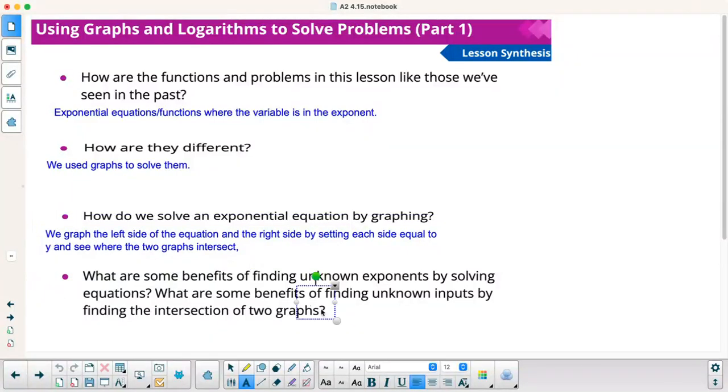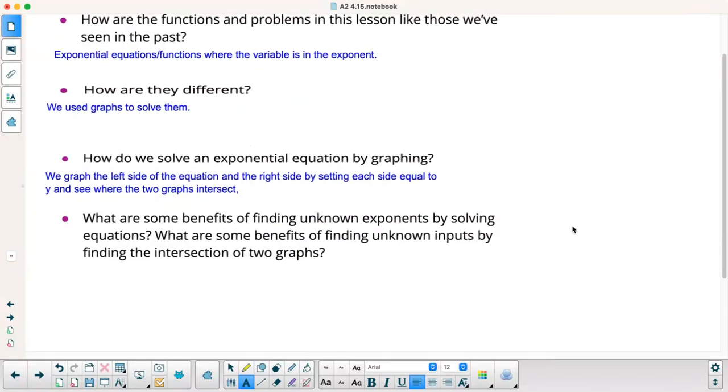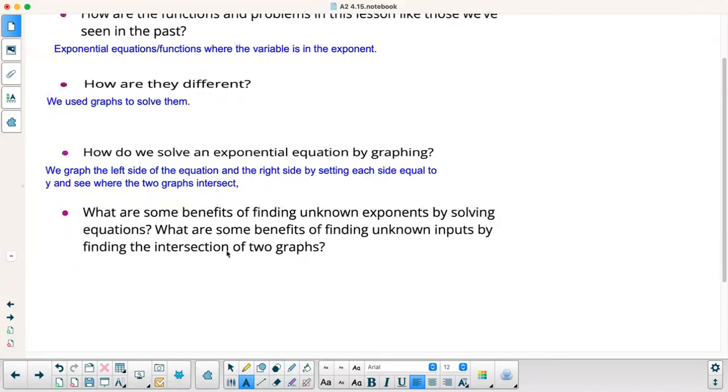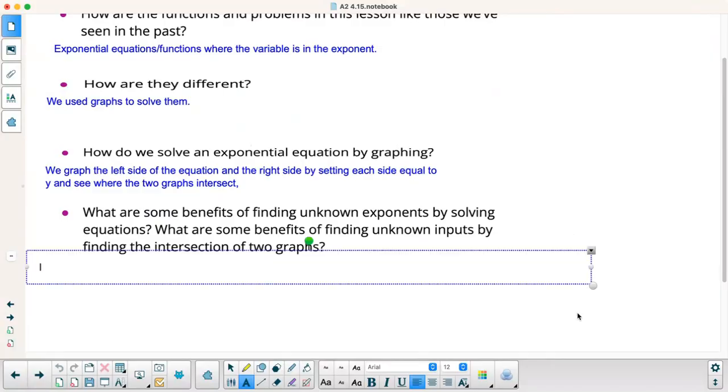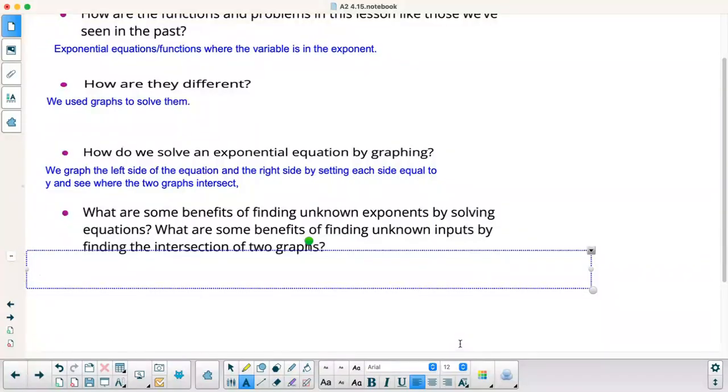All right, what are some benefits to finding unknown exponents by solving equations? What are some benefits of finding unknown inputs by finding the intersection? So I would say that using algebra to solve them allows us to get an exact answer with a logarithm.